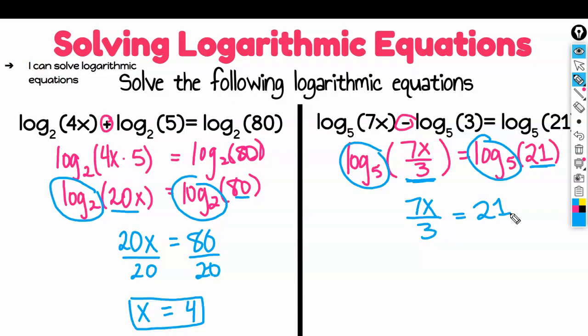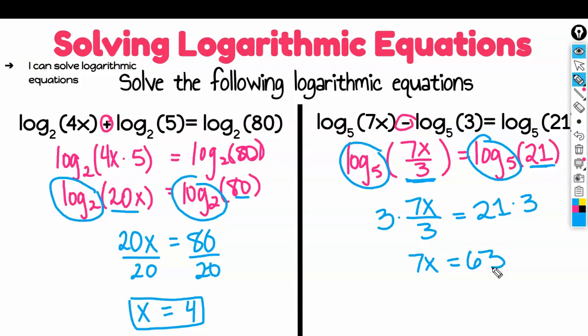Now, first, I want to get rid of this divided by 3. So I will multiply both sides by 3. That will get rid of the 3 in the bottom, leaving me with 7x is equal to 21 times 3, which is 63. You could always use a calculator for that.